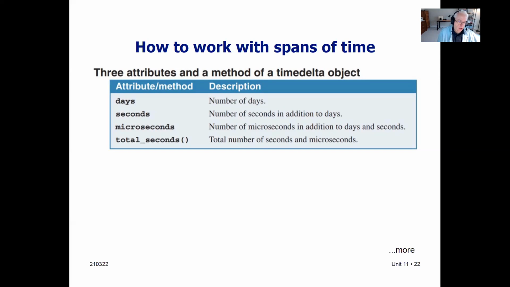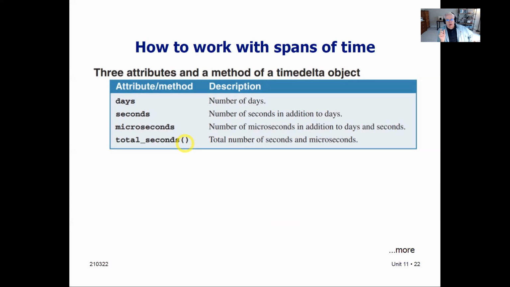So notice they're all plural, and we have one additional method that we haven't talked about, and they sneak it in here at the bottom of this list, total seconds. And we know it's a method because it has the parens after it. So that is going to give us the total number of seconds and microseconds, not milliseconds, but microseconds.